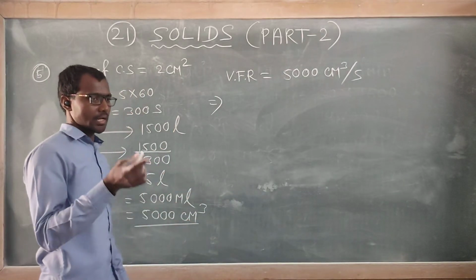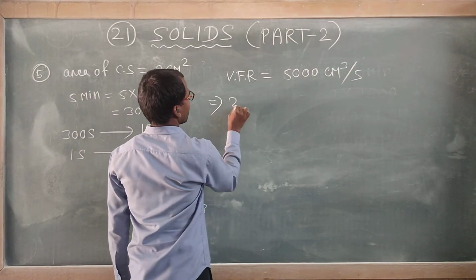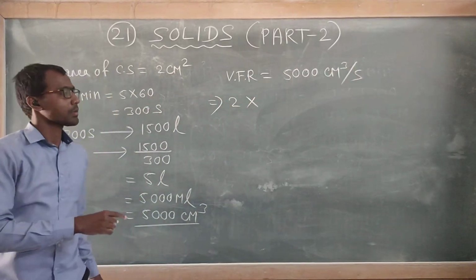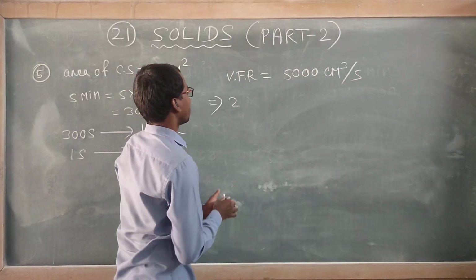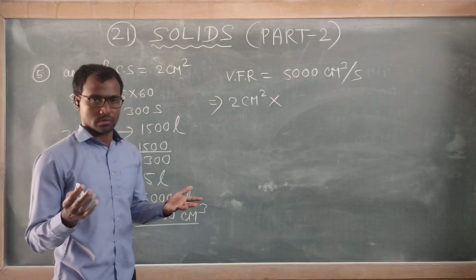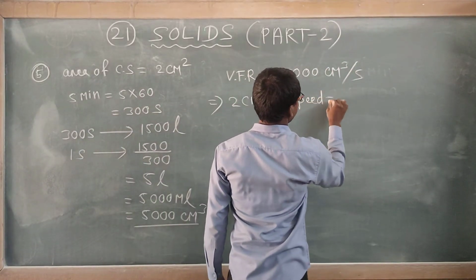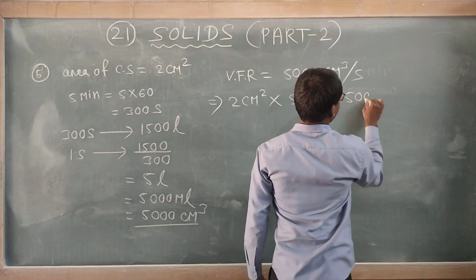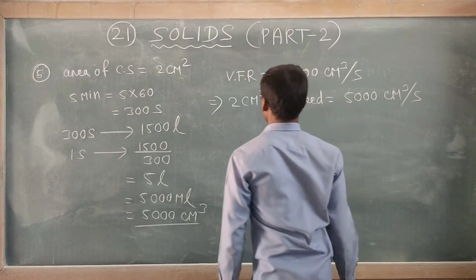Now what is VFR? Area of cross section into speed. Area of cross section is 2, as you can see. Speed we don't know. Okay. That is our target. We will find it. 5000 cubic cm per second.